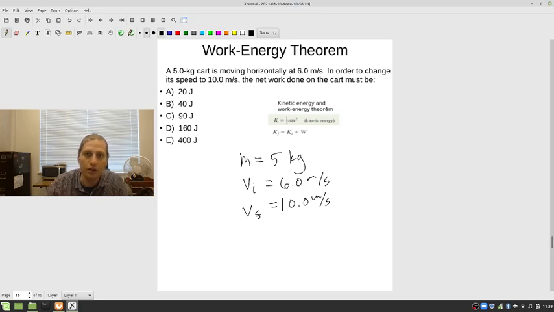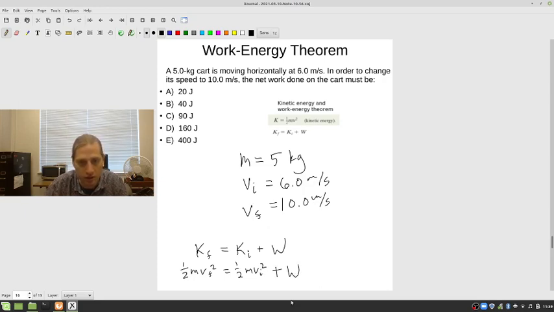Well, our work energy theorem says that whatever our kinetic energy is at the end, our final kinetic energy, is whatever our kinetic energy was at the beginning, our initial kinetic energy, plus the work. So in this case, all I would have to do is 1/2 m v final squared, I know those numbers, equals 1/2 m v initial squared, use those numbers, plus the amount of work done.